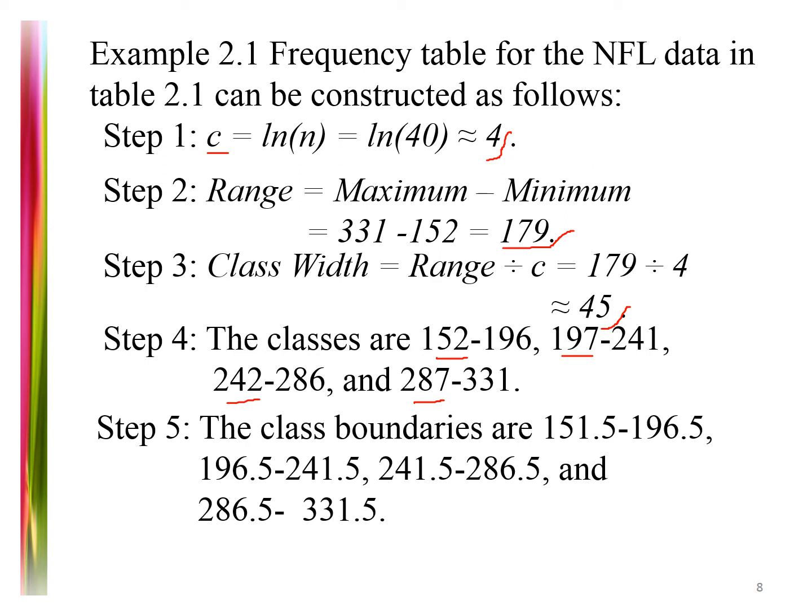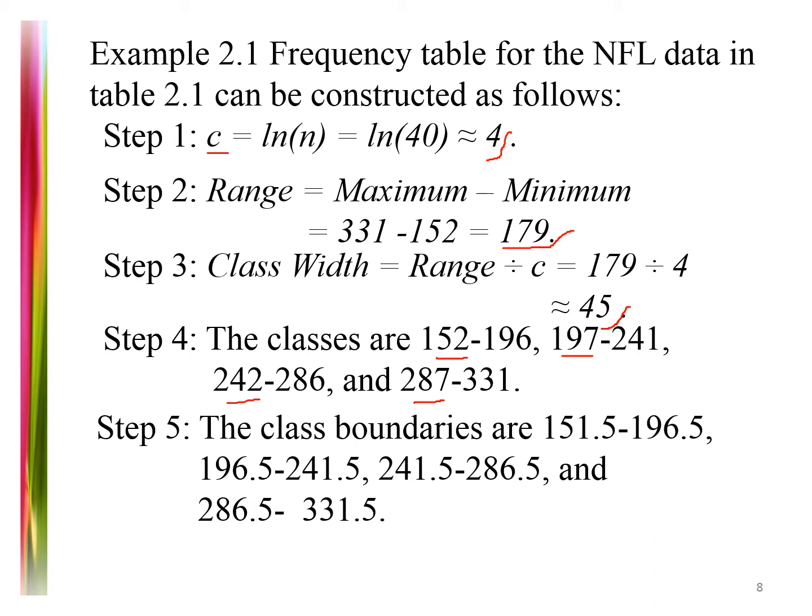And step 5, class boundaries. What we have here are the class limits. In this case 152 to 196 are not continuous, so we have to make a continuity correction. That means first we calculate the difference between two consecutive class lower and upper values and divide it by 2, then add that value to the upper value and subtract it from the lower value. In this case the difference is 1, so we divide by 2 to get 0.5.